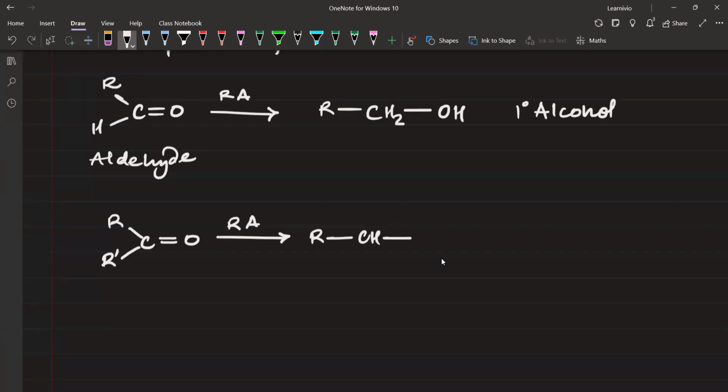Now this carbon is bonded with oxygen, so it will become OH. So this will be a 2 degree alcohol. Just identify the changes that are happening. Not much change is happening. The pi bond is breaking, carbon is getting hydrogen, oxygen is getting hydrogen. So basically, if you use a ketone, then you will get a 2 degree alcohol.